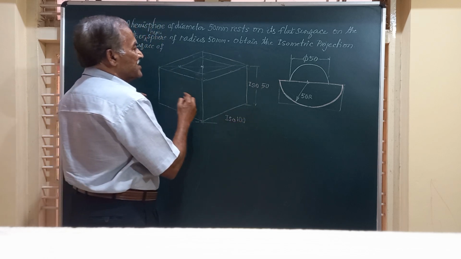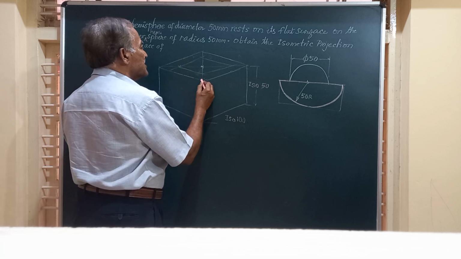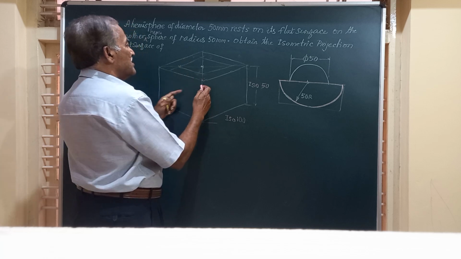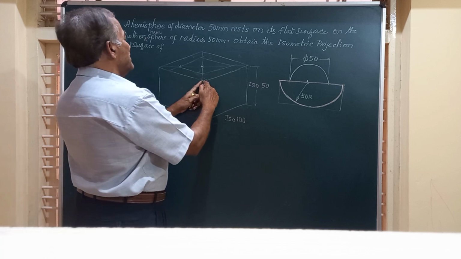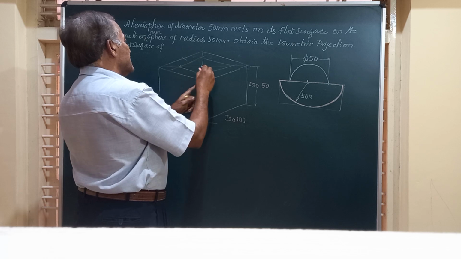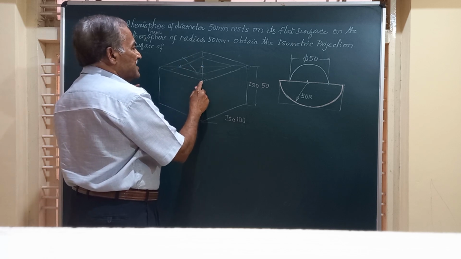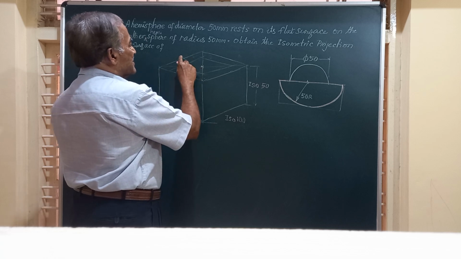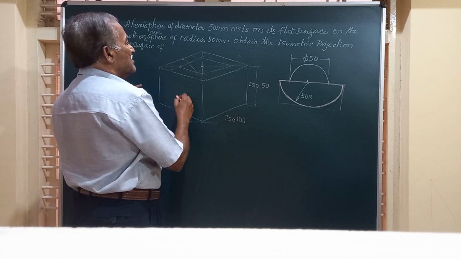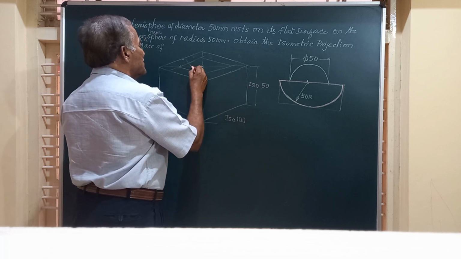I take one of these corners and join it to the opposite side center. It intersects this diagonal line at this point.